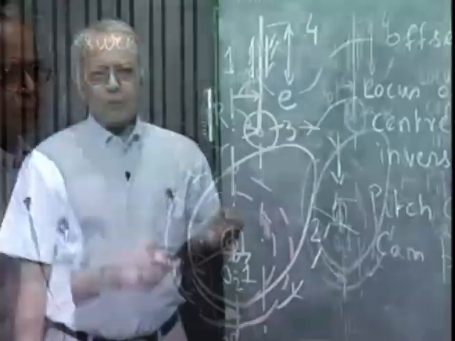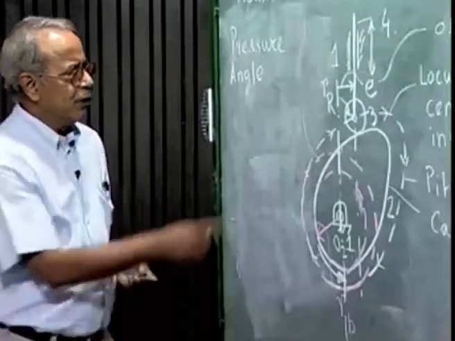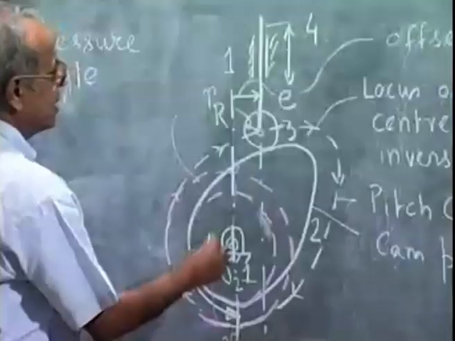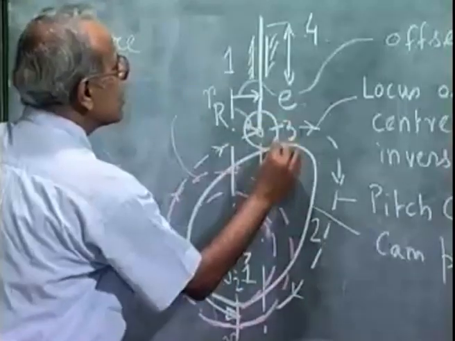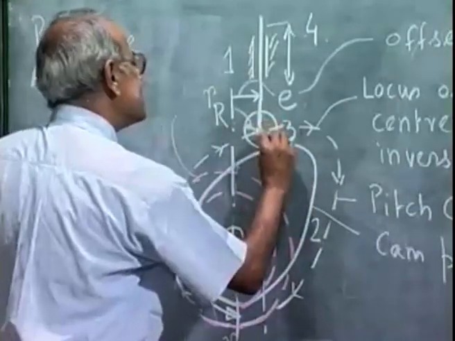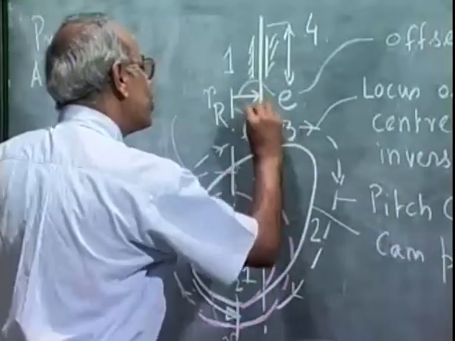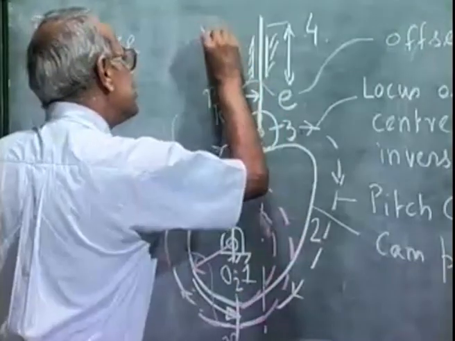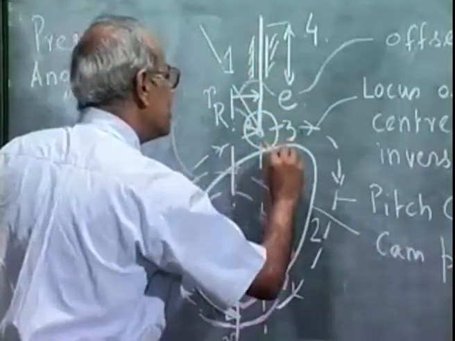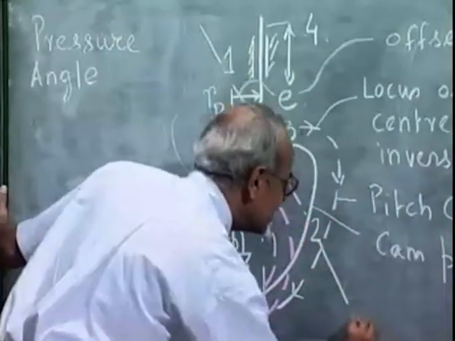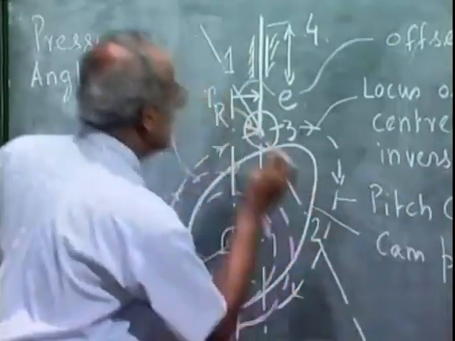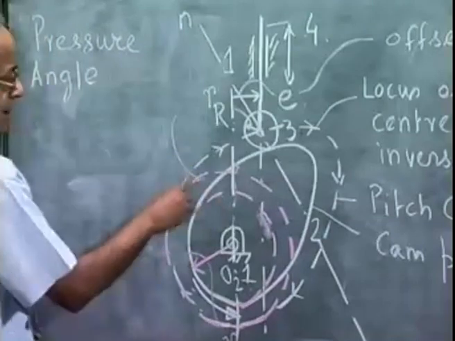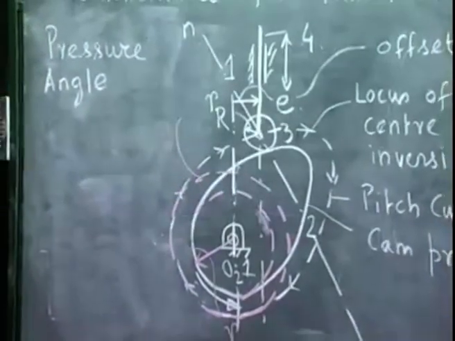The importance of pressure angle can be clear if we look at this diagram. You see, the common normal between the roller and the cam is passing through the roller center and normal to the cam profile. So this is the common normal between the roller and the cam profile.